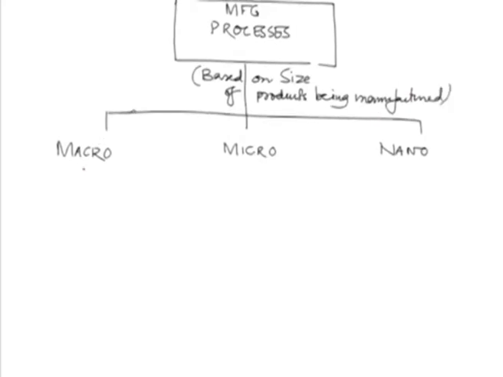Now, most of the products we see or use in general are in the macro domain, but in the micro domain, there are certain products like powder, most of the powder materials.